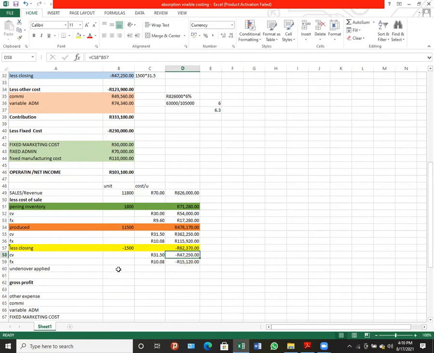Okay, guys. Here, guys, to calculate under and over applied, I hope all of us, guys, we know the formula, ne? It is equals to actual fixed overhead less the applied. Here, guys, I'm going to explain this 115,920.